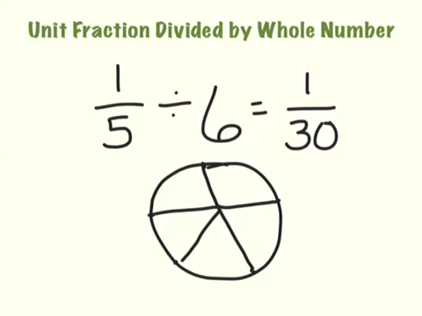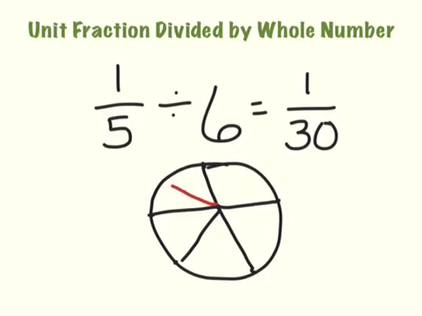There's 5 equal pieces of the circle. Now if I look at just 1/5 of the entire circle, this is what I'm splitting equally with 6 people.